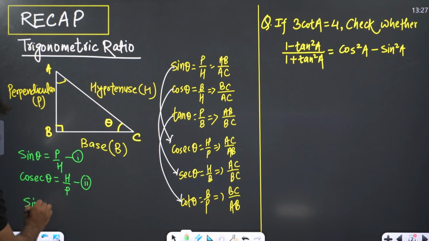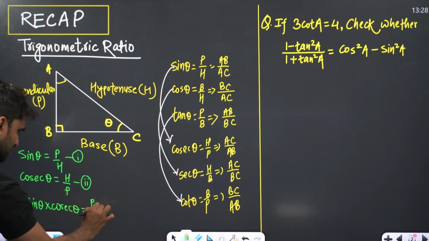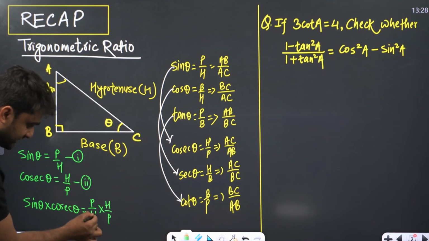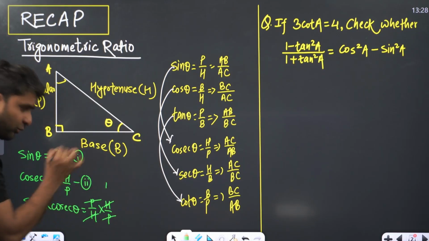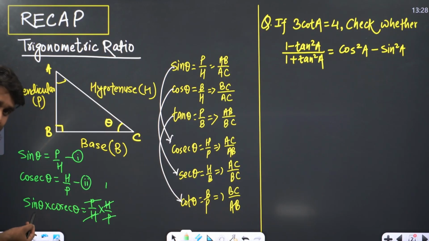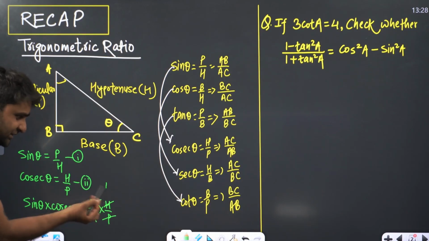So sine theta into cosec theta will be equal to P by H into H by P. Clear everyone? And now look, H cancelled, P cancelled, so we have 1. So it means that the product of sine theta and cosec theta is equal to 1.